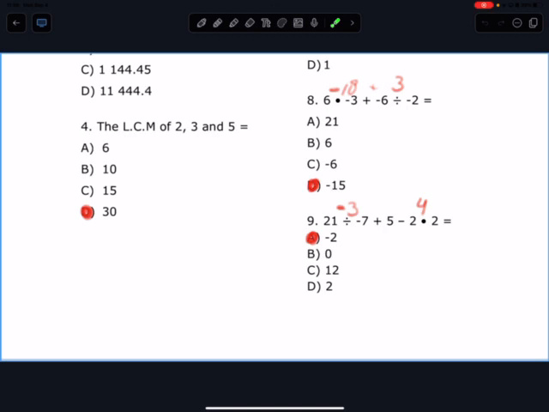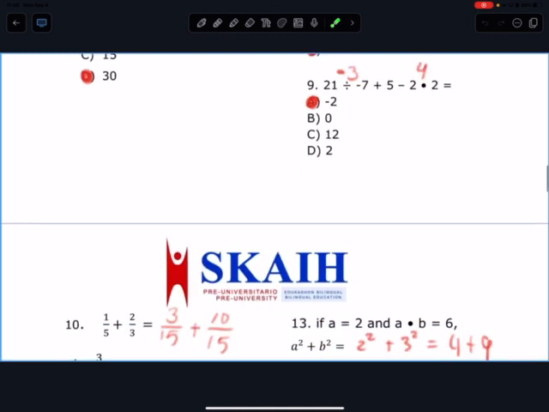8. BEMDAS. 6 multiplied by minus 3, minus 18. What is followed? Minus 6 divided by minus 2, that's 3. Minus 18, minus 18. Add 3, minus 15. D. Done. 2 seconds. 9.